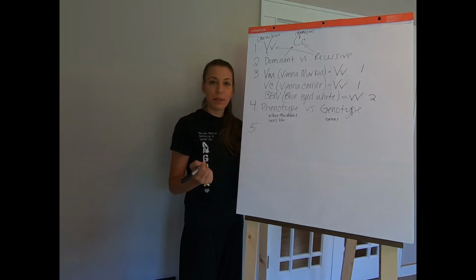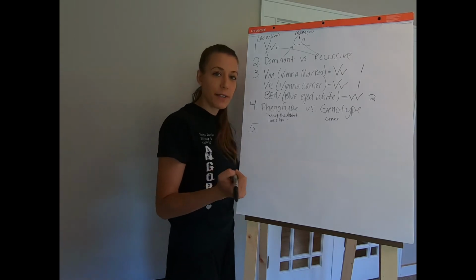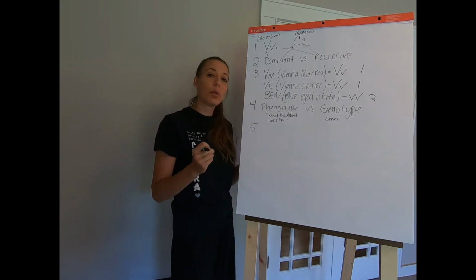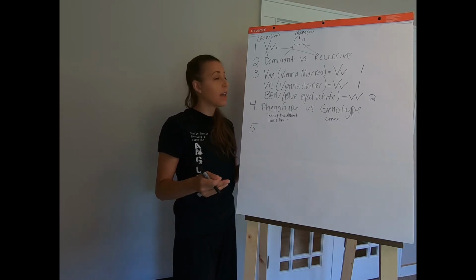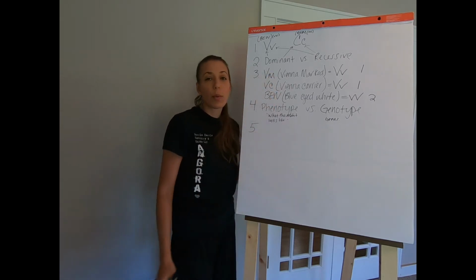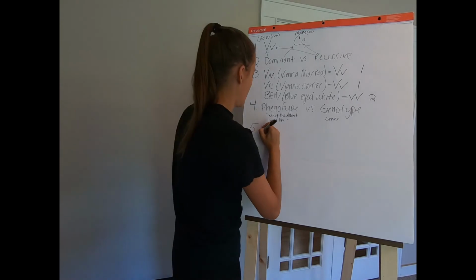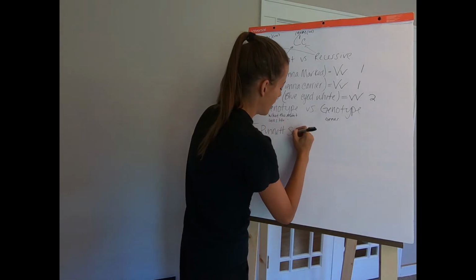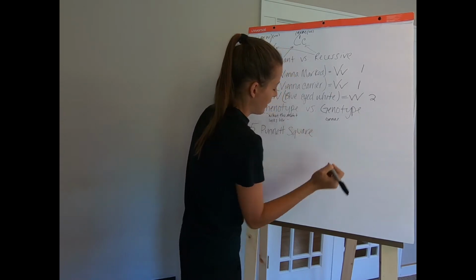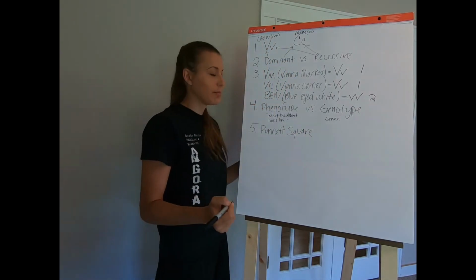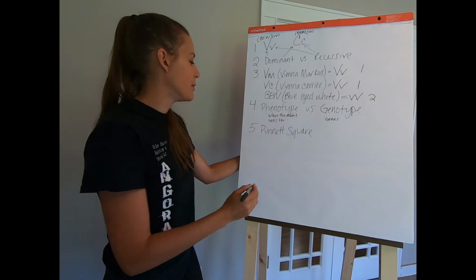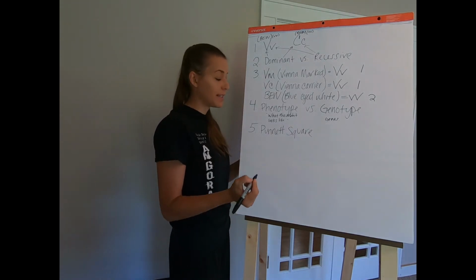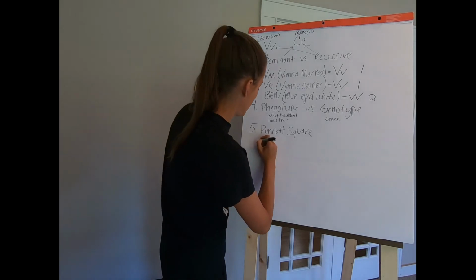So we use something called a Punnett square to figure out, when we have two rabbits, what are my chances of getting these rabbits. A Punnett square is simply taking one of your rabbits, your buck, let's use Arthur for example.